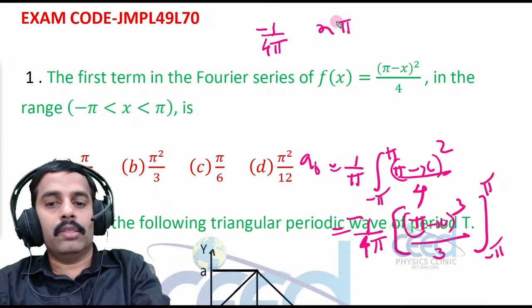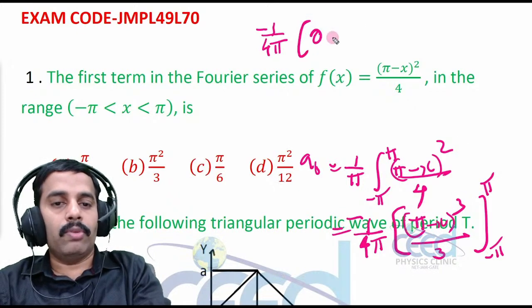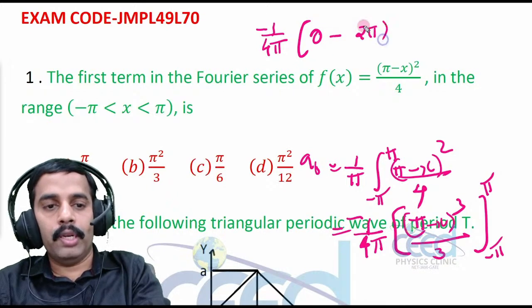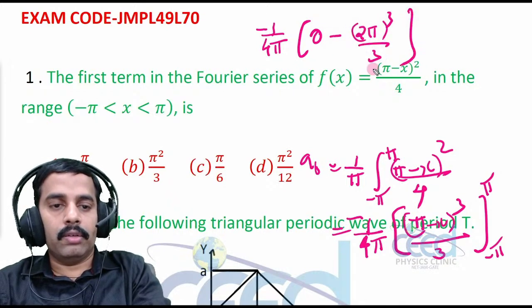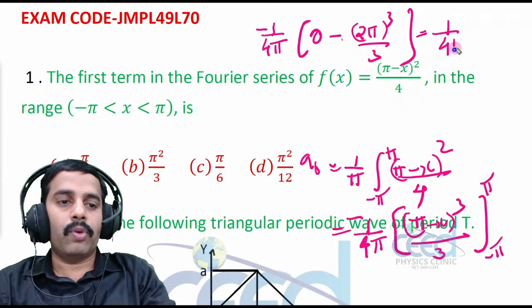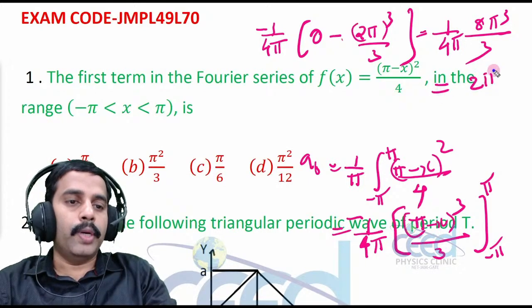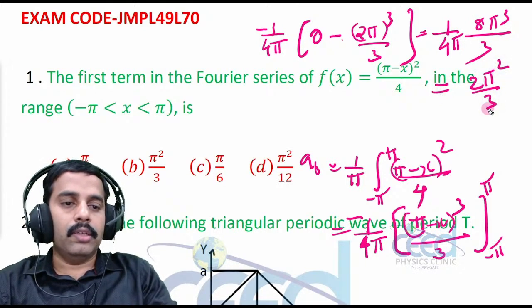So the answer will be 0 minus (2 pi) whole cube divided by 3. This negative and negative become positive. So 1 by 4 pi into 8 pi cube divided by 3, that is equal to 2 pi square divided by 3.